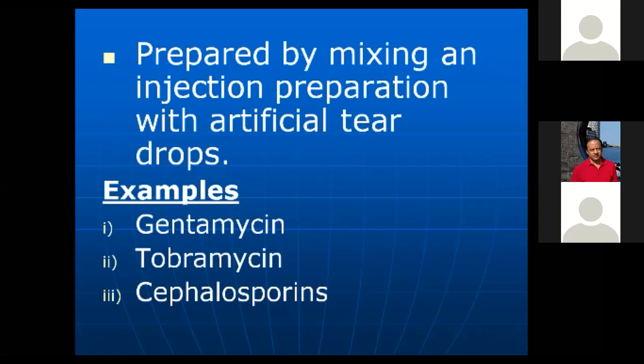They are prepared by mixing an injection preparation with artificial tear drops. Like you take a vial of gentamicin or tobramycin or cephalosporin and mix with artificial tear drops to get concentrated drops of antibiotic.